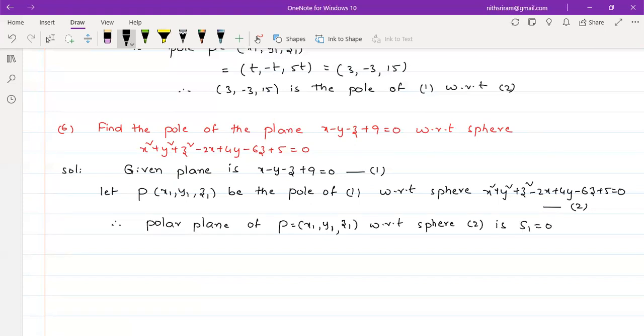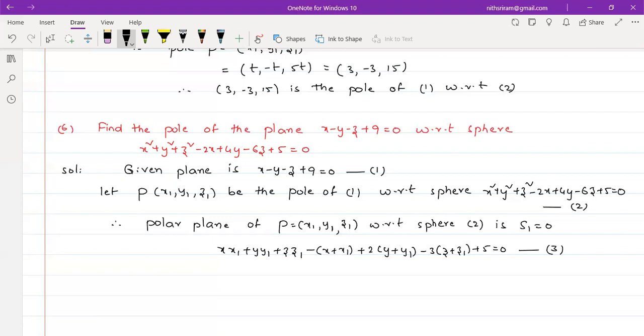We know how to write S1. So I am writing that x square can be written as x into x1, y square as y into y1, and z square as z into z1. And minus 2x can be written as minus of x plus x1, and 4y can be written as 2 into y plus y1, and minus 6z can be written as minus 3 into z plus z1, plus 5 is equal to 0. Treat this as equation number 3.